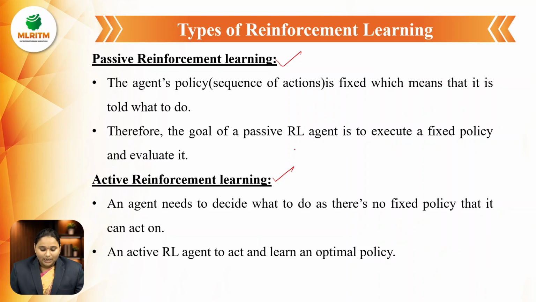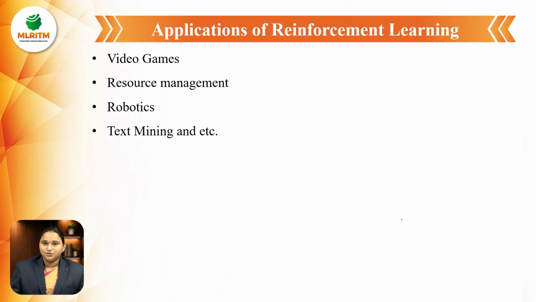There is no need for change. In active reinforcement learning, an agent needs to decide what to do. There is no fixed policy that it can act on. In active reinforcement learning, the agent acts and learns the optimal policy. Applications of reinforcement learning: video games, resource management, robotics, text mining, etc.